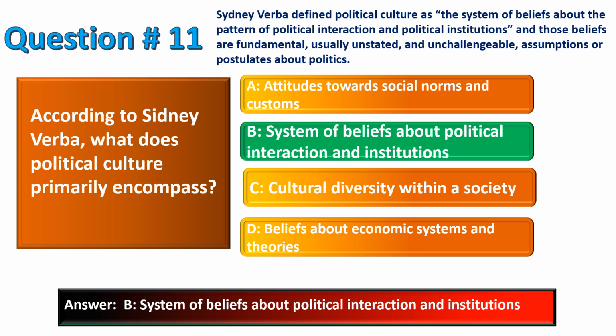Sidney Verba defined political culture as the system of beliefs about the pattern of political interaction and political institutions. And those beliefs are fundamental, usually unstated and unchallengeable assumptions or postulates about politics.